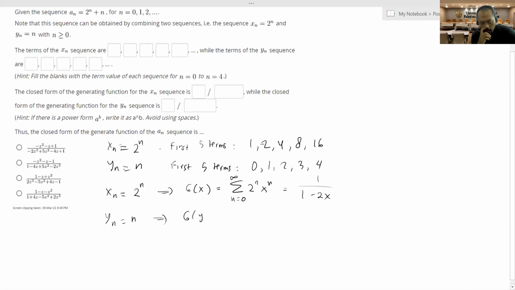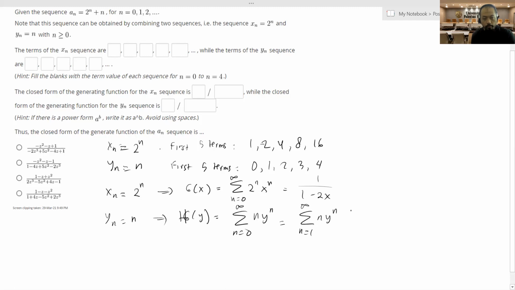Now for y, y_n is equal to n. Let me use another term, h(y), the generating function, the sum from n equals 0 to infinity of n y to the power of n. Of course, if n is 0, then the 0th term is actually 0, as we saw earlier, so this is equal to starting from 1.